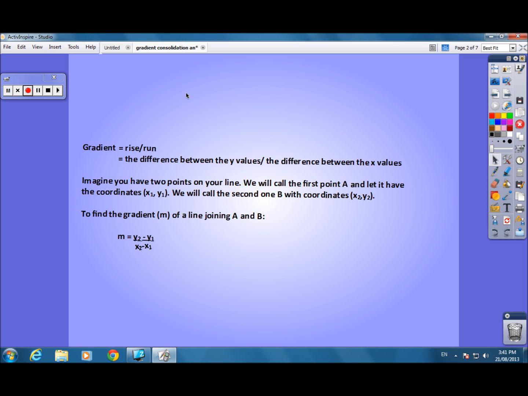So if I have a line like this, I use a little right angle triangle underneath the line, and I measure this length here, the rise, and this length here, the run, and then I just divide them. Notice how we always use this M symbol. The gradient is the rise over the run.